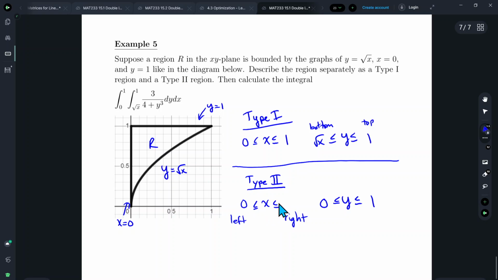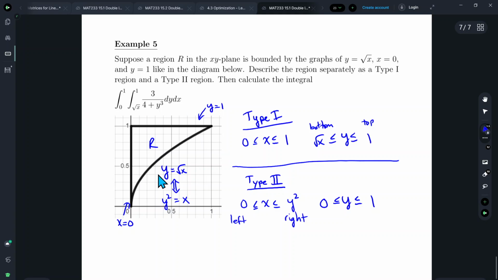Because here it should be some function of y. So what we need to do is to rewrite this as x in terms of y. So x is equal to y squared, right? Just square both sides. So we can describe it as x equals y squared. And so the right boundary is y squared.